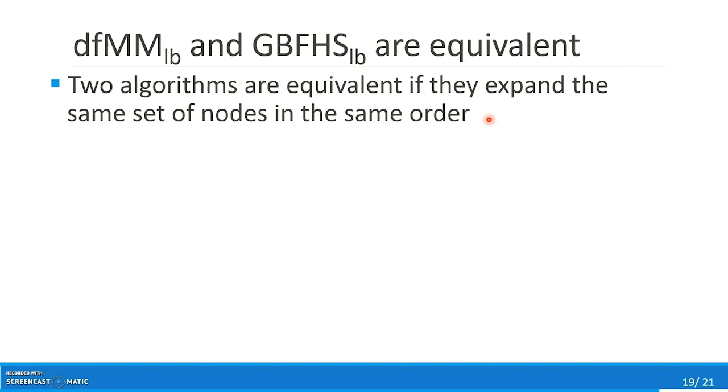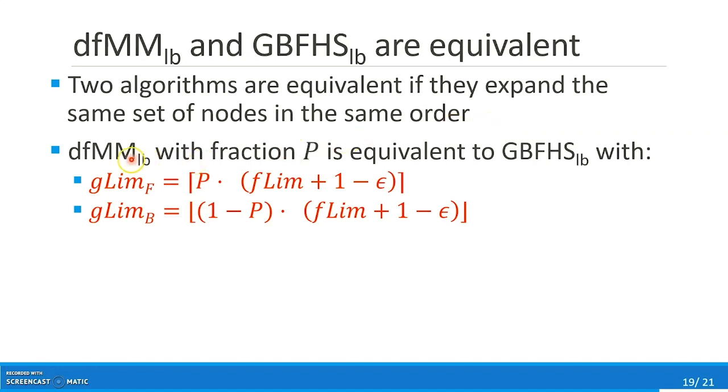Finally, we showed that DFMM-LB and GBFHS-LB are equivalent in the sense that they expand the same set of nodes in the same order when given the proper parameter mapping. So given DFMM-LB with a fraction p, an equivalent GBFHS-LB will have the following G-lim forward and G-lim backward values.